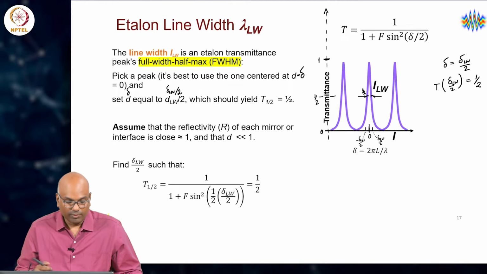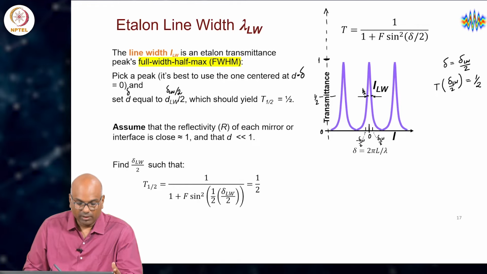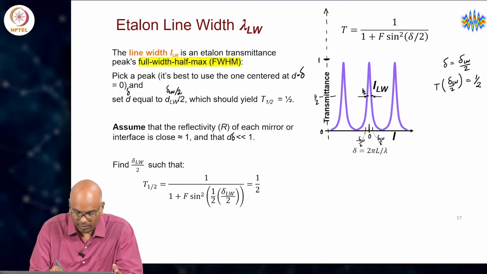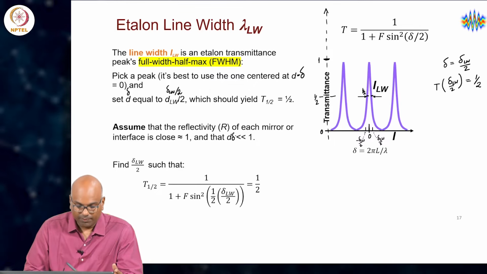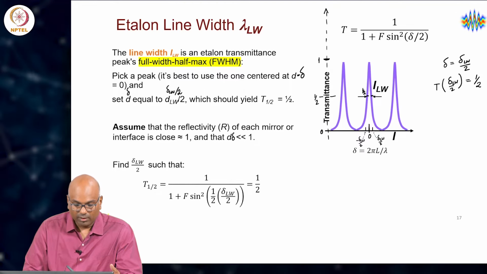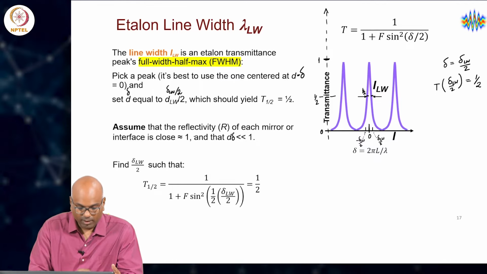So, now let us assume that the reflectivity of the mirror is pretty close to 1. Again, this should be a delta here. Let us presume that the reflectivity of the mirror, that is capital R, is very close to 1. Now, what are we saying?